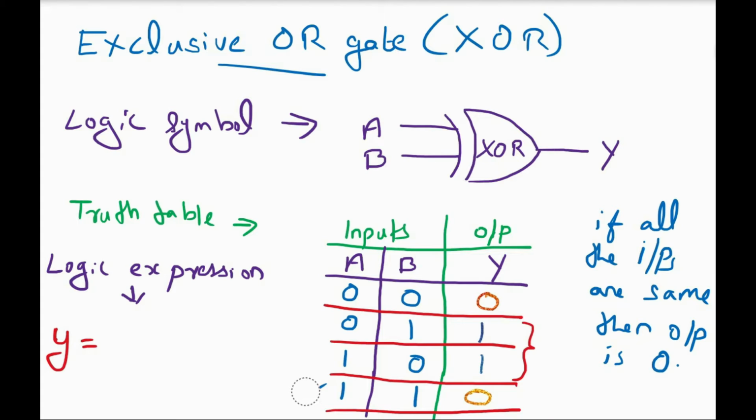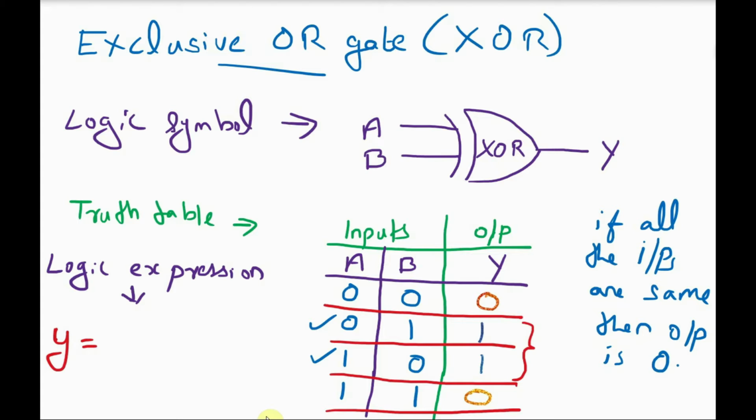So we are going to write the equation from the truth table. So consider the cases where the output is high. So second case and third case the output is high. So output is high if A is 0 and B is 1, or A is 1 and B is 0.